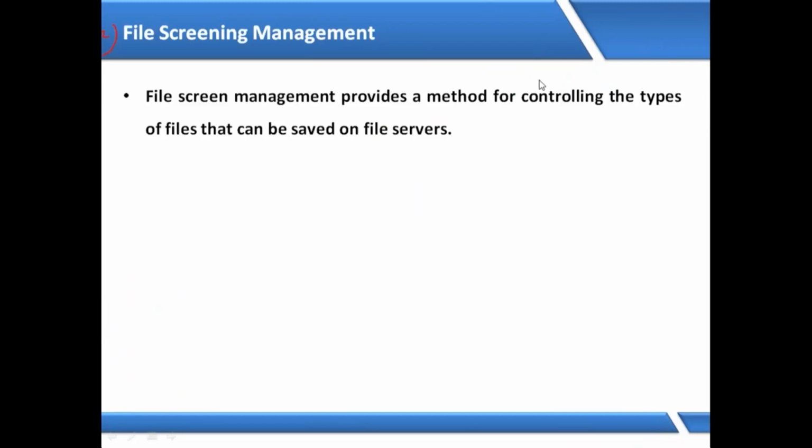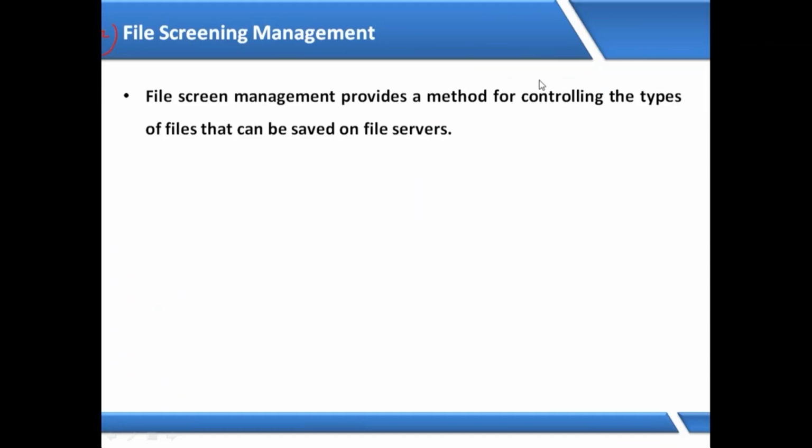For his purpose, image files are not required, but he's regularly creating them to waste space. So for user one, we can block the image file. He can create text files, but he can't create image files within that limited space. First we allocate the space, and within that allocated space, which type of things he can do and which he should not be able to do, we can control with the help of file screening management.